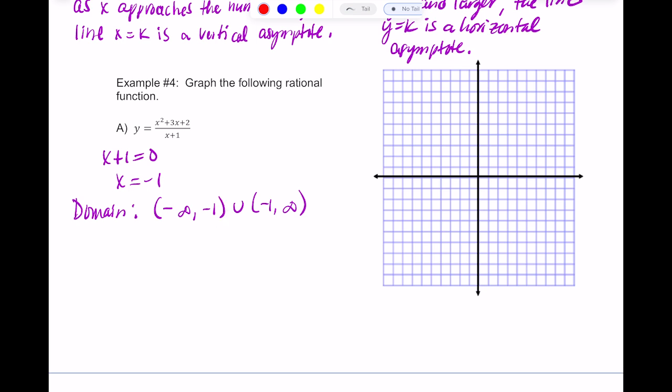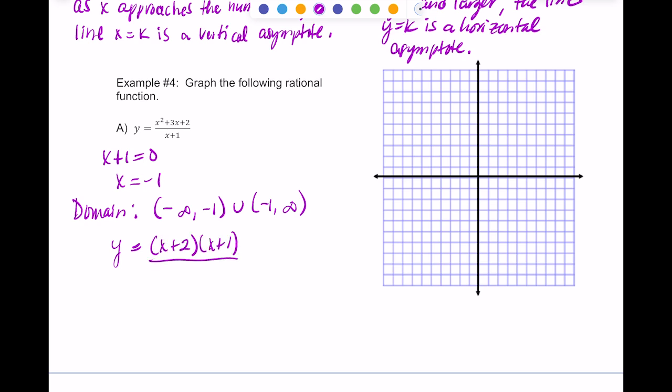Now here's the deal. If I was to plug in -1 in the denominator, I would get a 0. But if I plug in -1 in the numerator, I also get 0. So essentially what I have is 0 divided by 0. Now, if I take that numerator and I factor it, so if I factor x squared plus 3x plus 2, I get x plus 2 times x plus 1.